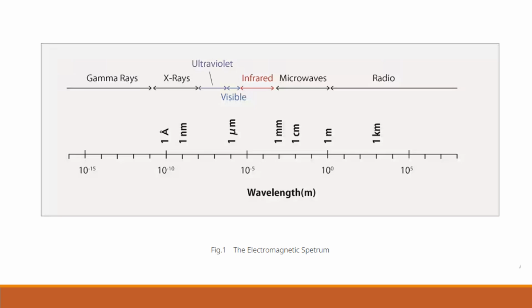In this picture you can see gamma rays, X-rays, UV rays, visible range, then infrared waves, microwaves and radio waves. Absorbance detection is based on the UV visible range, which falls in the category of 200 to 800 nanometers.